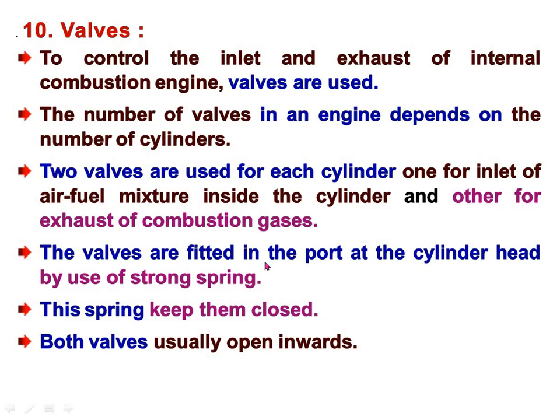The valves are fitted in the port at the cylinder head by the use of a strong spring, as we have seen earlier in the figure. This spring keeps them closed.